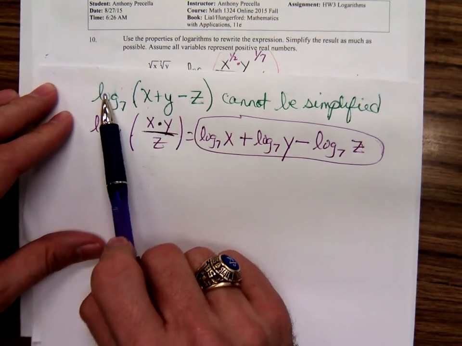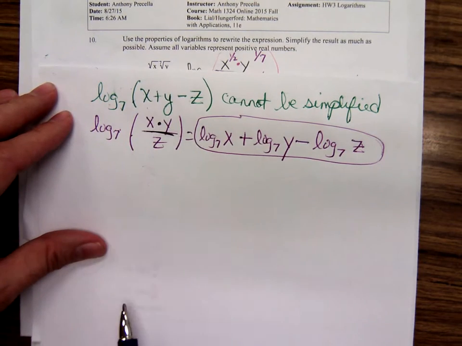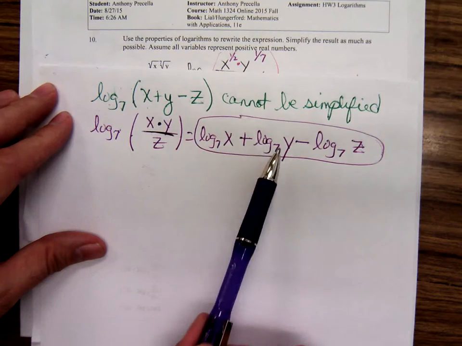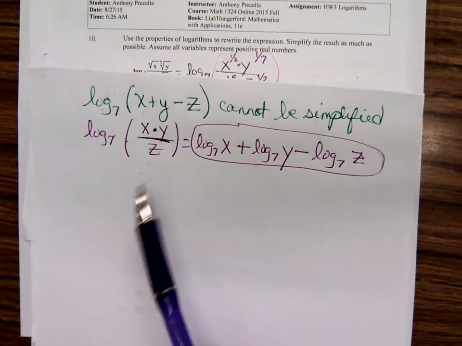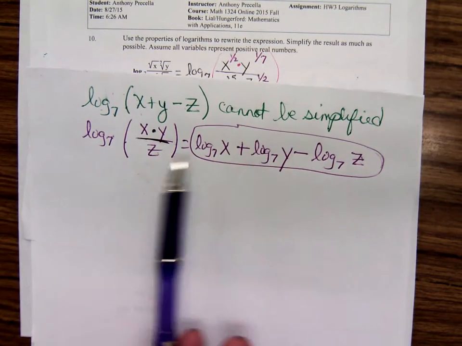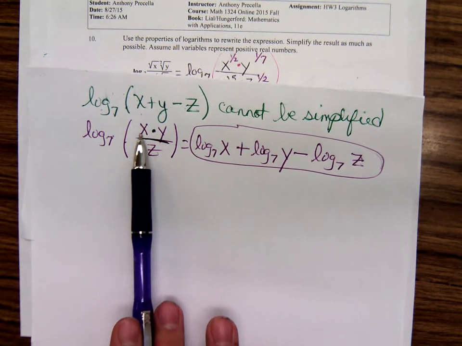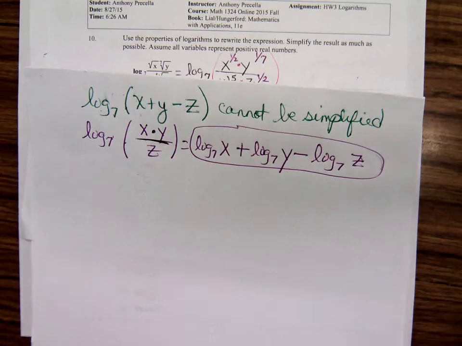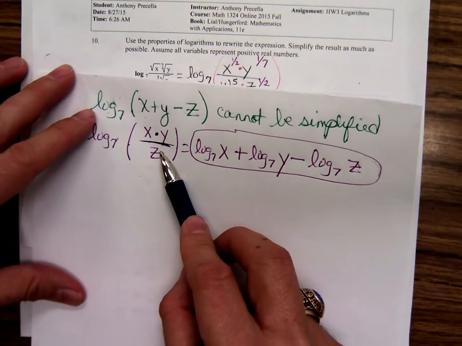You do not just distribute the log base 7. A lot of students, when confronted with this problem, would write this as the answer. But notice, this is how you expand log base 7 of x times y over z. So you don't separate at addition and subtraction. You separate at multiplication and division.